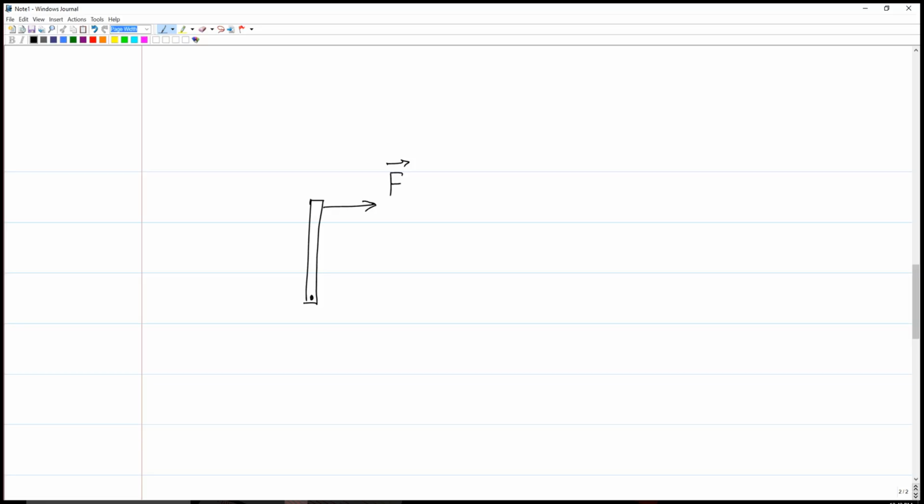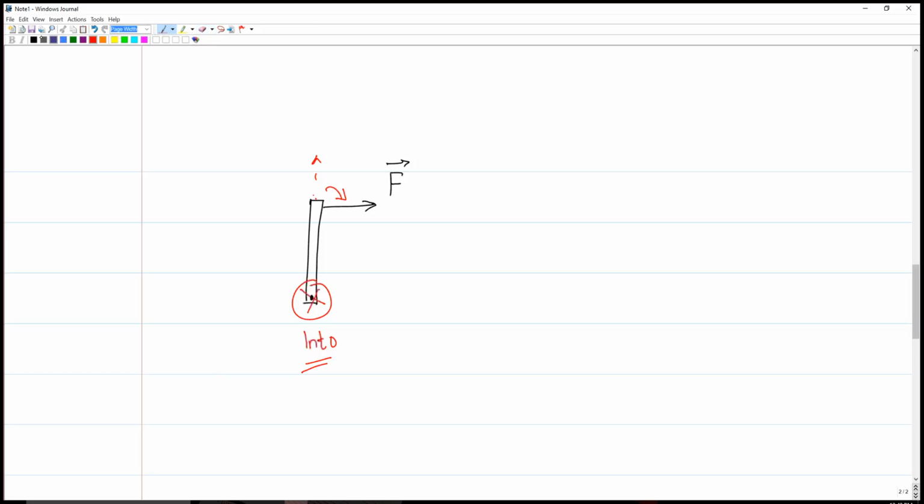Take your time, just do this and then check your answer. Assuming that you've done that, if I were to take my R and rotate it into F, this would lead to a torque going into the plane of the paper. So in this case the torque would be into the plane.